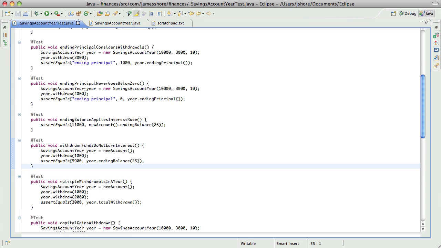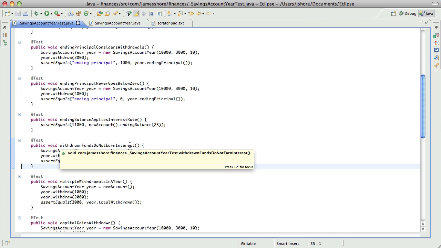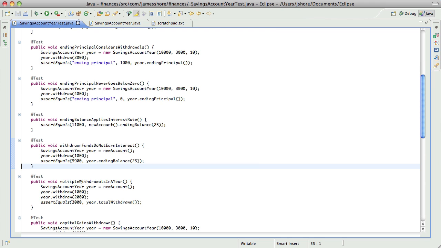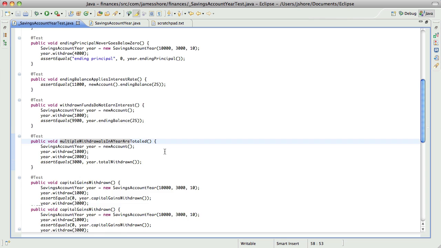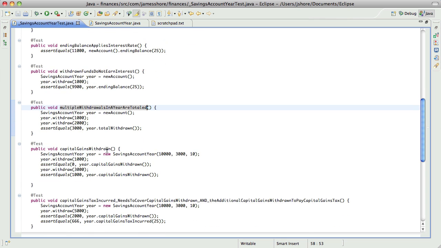Ending principal never goes below 0. Ending balance applies interest rate. Withdrawn funds do not earn interest. Multiple withdrawals in a year are totaled. Capital gains, see, withdrawing more than principal takes from capital gains.